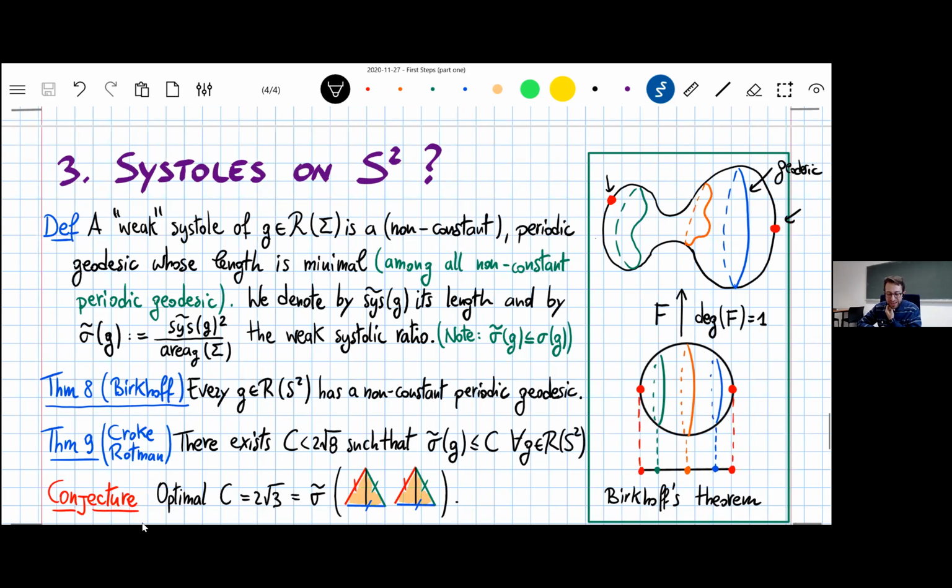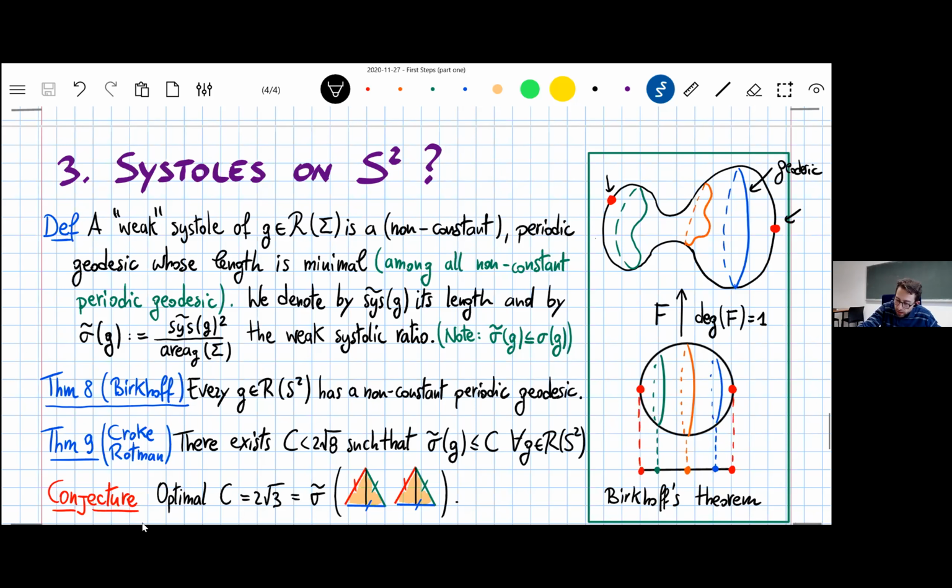Right, so this is a very rough idea to show that you expect also in the case of the sphere to have such a periodic geodesic. And now it's a theorem of Croke that actually not only does this periodic geodesic exist, but one can also estimate the length of the shortest one using the area.